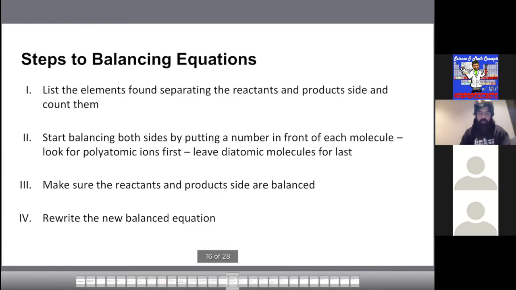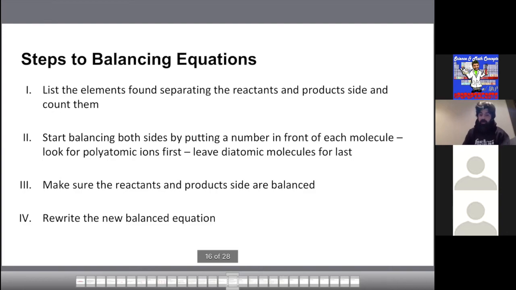In the steps, you're going to list the elements and separate your reactants and product side. You'll see this when we go through some of the sample problems. You're going to start to balance both sides by putting numbers in front of each of the molecules. You cannot change any of the little numbers in a formula. The only place you can put a number to balance is in front, the big coefficient in front of any of the compounds.